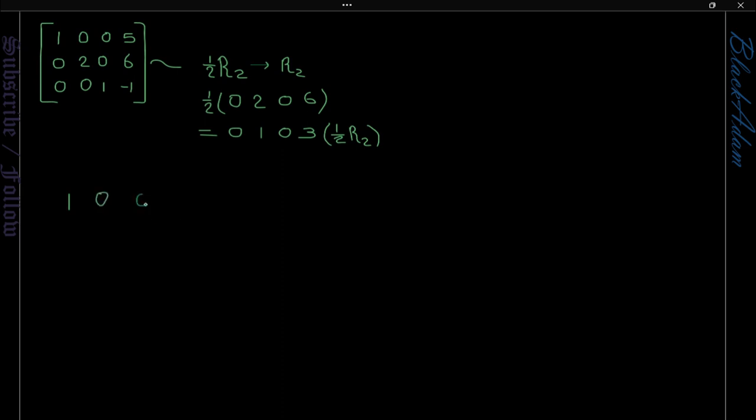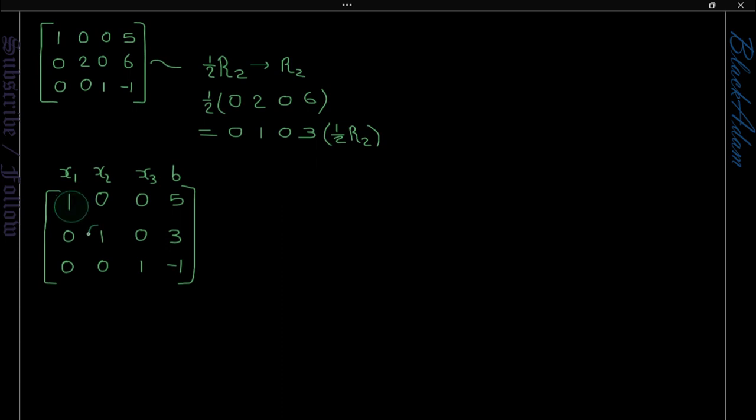So we replace everything: 1 0 0 5, and then 0 1 0 3, and then 0 0 1 -1. The columns are x1, x2 and x3, and b for the constant. And from there, those are the pivotal positions for the variables that we are looking for.